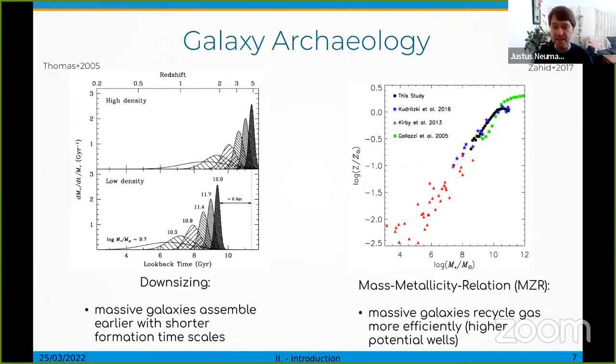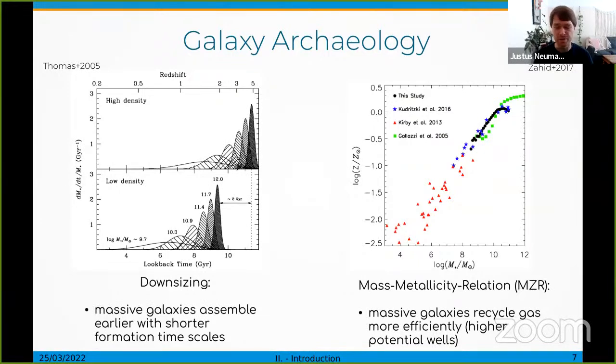And then on the other hand, we have the mass-metallicity relation, a relation between the total mass of a galaxy and its metallicity, which has been found for gas phase metallicity and stellar metallicity. There are a few different explanations that come into play here, but most importantly, this is usually understood as that massive galaxies recycle gas more efficiently because they are more massive, they have higher potential wells. And so they can retain the gas, it cannot outflow, and it can be efficiently recycled into new generations of stars.